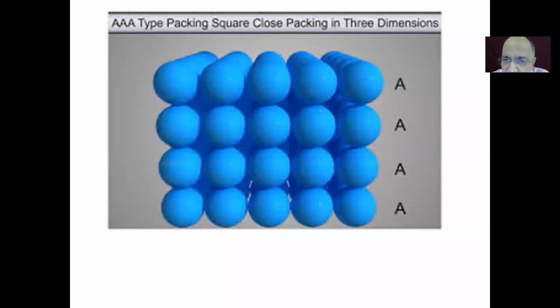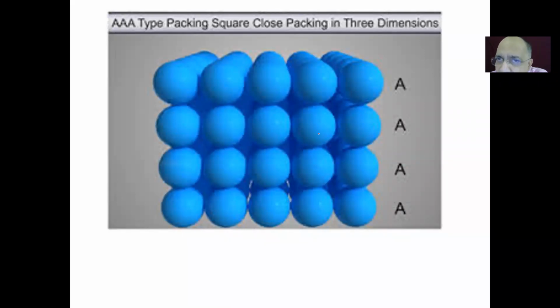And one of the unit cells is a simple cubic unit cell. If you visualize one cubic cell, one sphere at any corner is shared by 8 unit cells, and hence if you slice out one cubic cell and analyze, then at each corner there is 1/8 part.